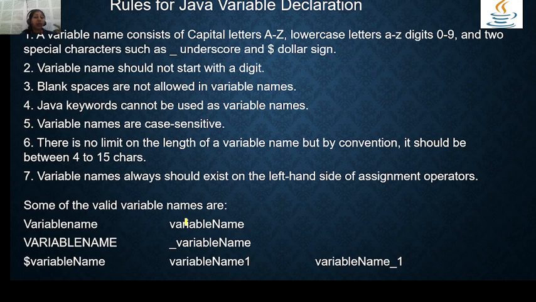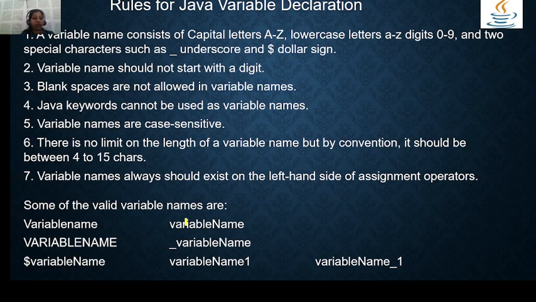Okay, variable name should not start with a digit, so that will give a compilation issue. Okay, blank spaces are not allowed in the variable name. Blank spaces like space, so you cannot give string my name, with a space between my and name. You can have myName, my, and capital N name. So that joined word you can give, but blank space is not allowed.